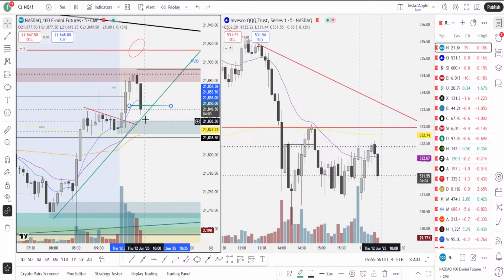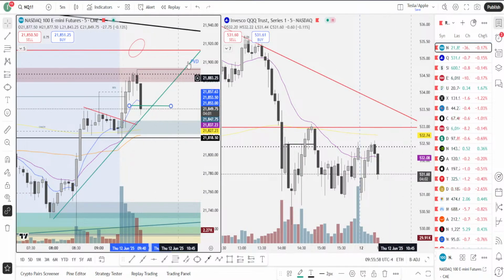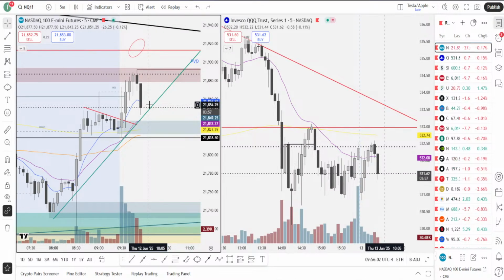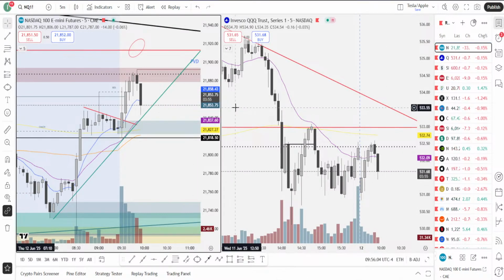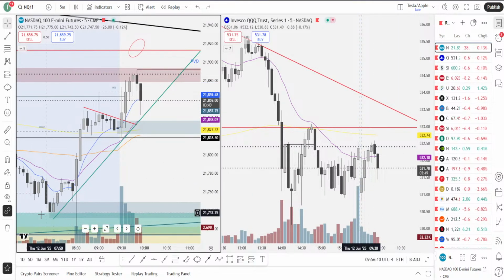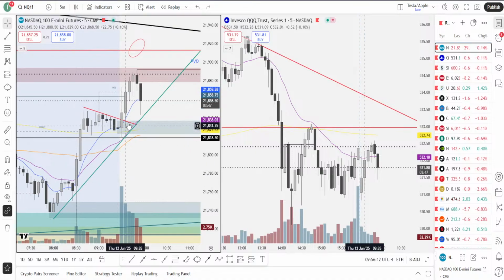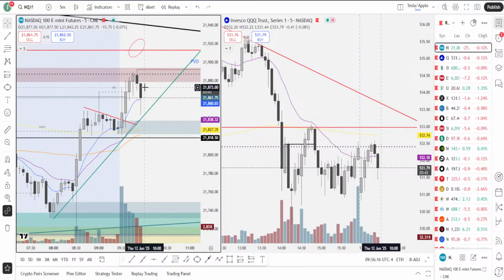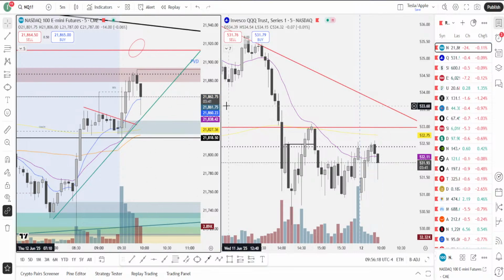We have this demand zone here. This can very much pull back, try to go up again. The market structure, the lows and the highs, is indicating this could still go up. Just because you see a big bearish candle doesn't mean price is just going to come down now.